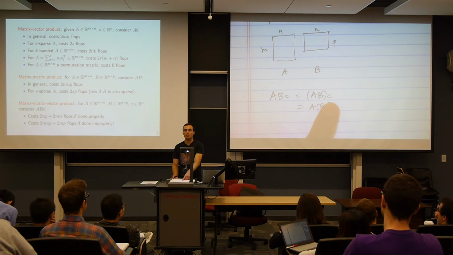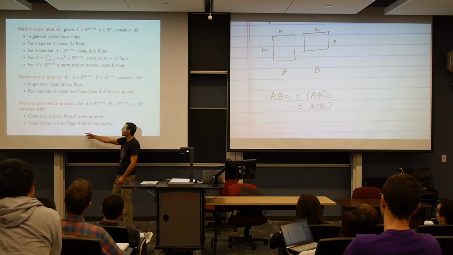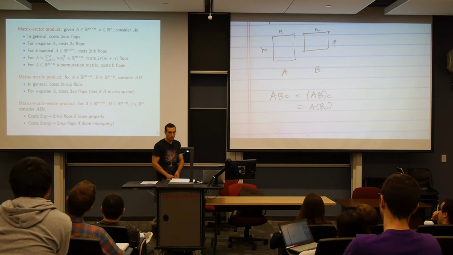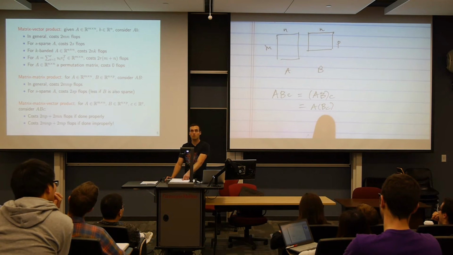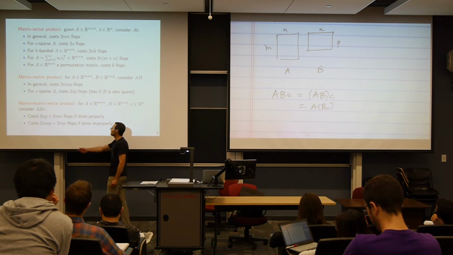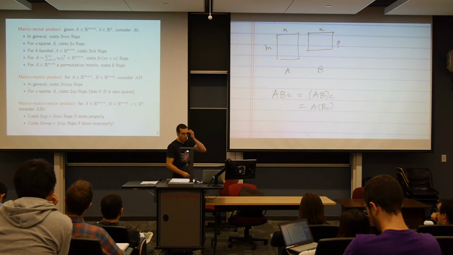And then take the product with the vector C. And that's actually fairly expensive because we have to compute a matrix product. So that's in the order of mnp. Or we could perform BC first, which is a matrix vector product, and then A times that vector, which is again a matrix vector product. And that's just going to be in the order of n times p or m times n, whatever's bigger. So a lot cheaper.